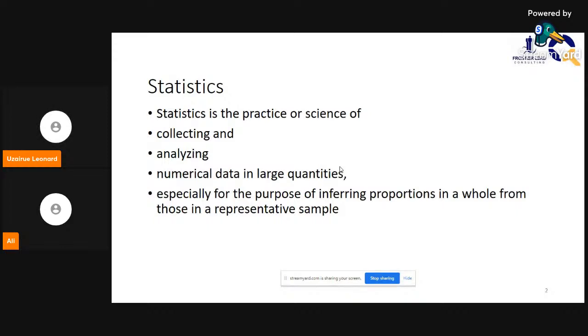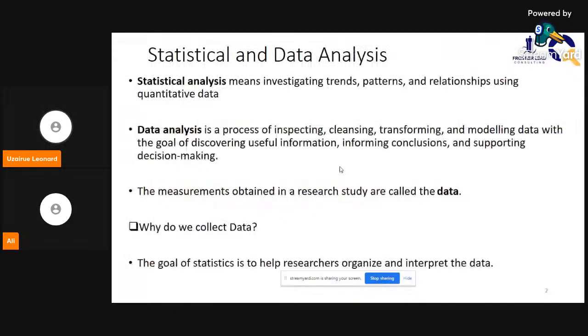So that's that. Then when we talk about statistical analysis, we are talking about the means of investigating trends, patterns and relationships using quantitative data.